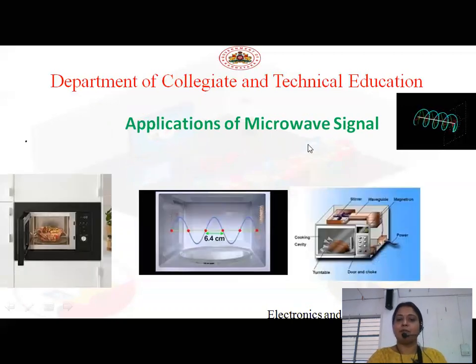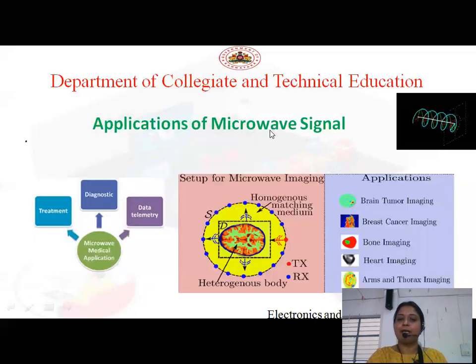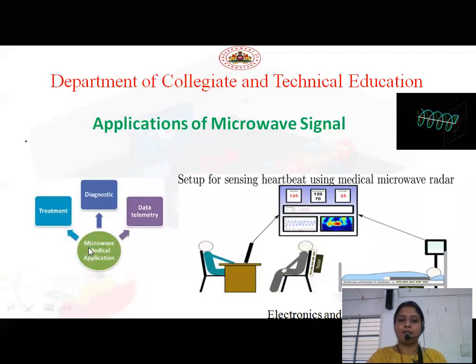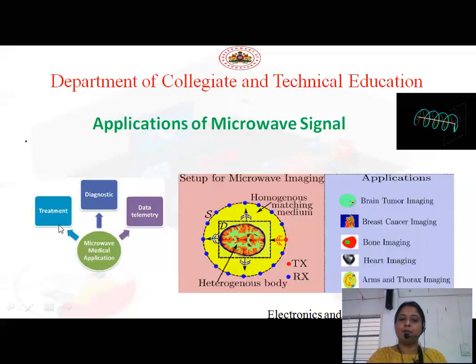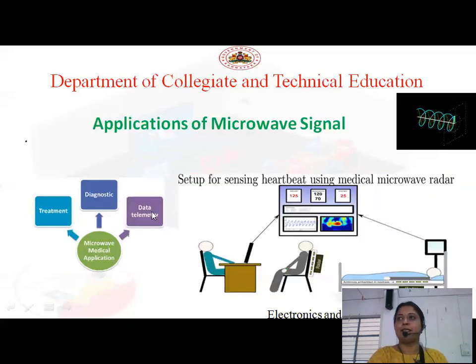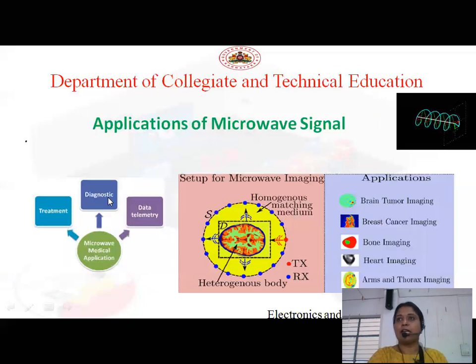And the application of microwave signals as heating, the microwave device. At home we use the microwave oven in the kitchen, correct? That is the heating application of microwave signals. Next, microwave signals in medical applications are used for treatment, diagnostics and data telemetry also. Diagnostic means what?